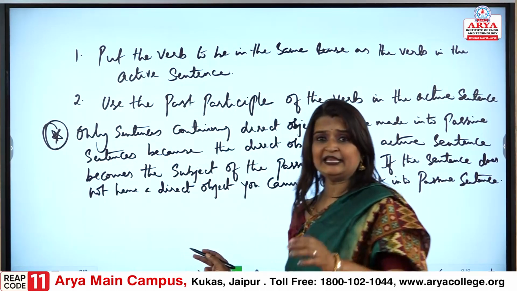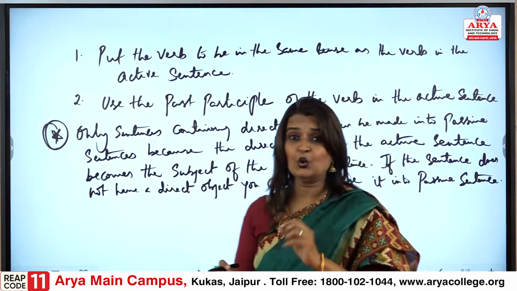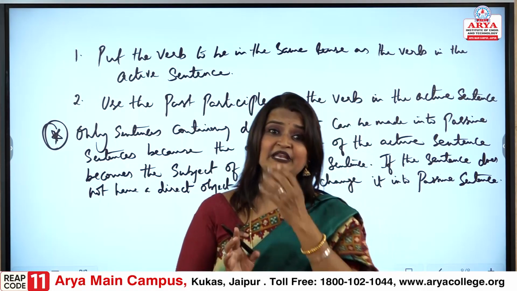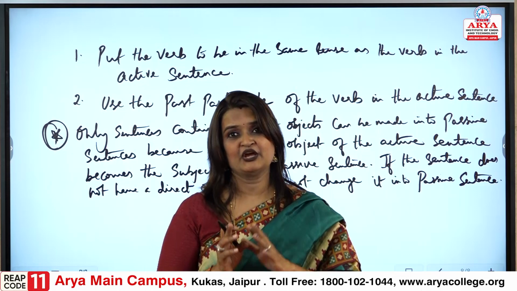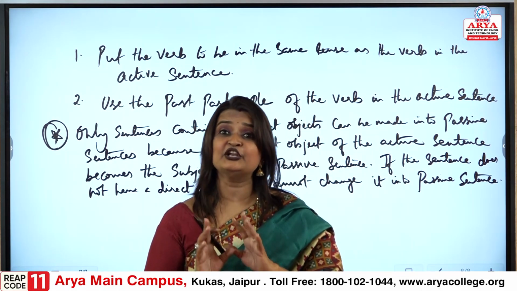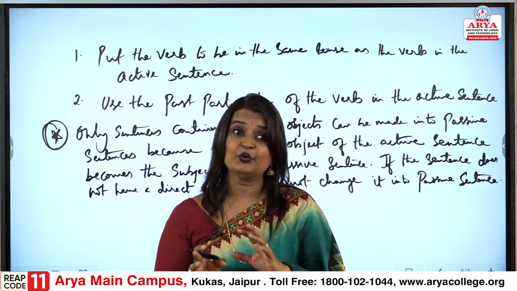So, till now we have understood the rules that are supposed to be followed and the points we need to take care of. Which sentences can we convert to passive? What points do we need to take care of during the conversion?